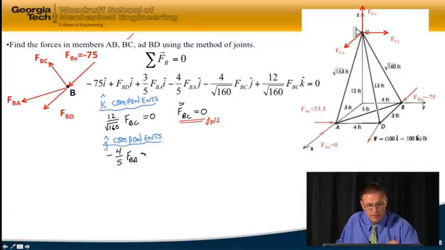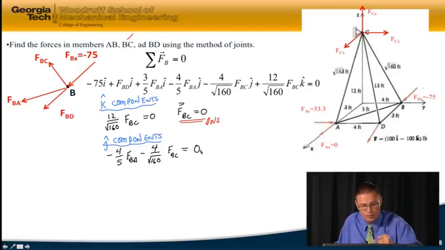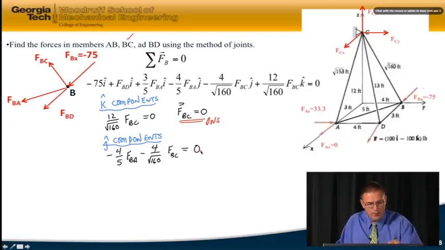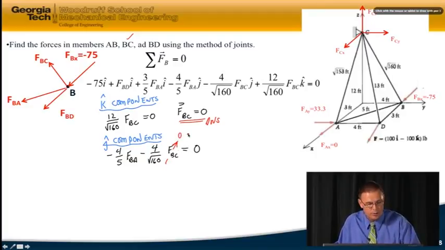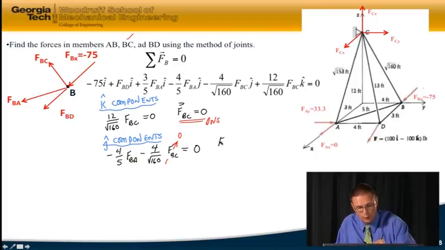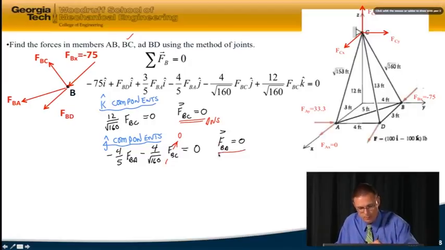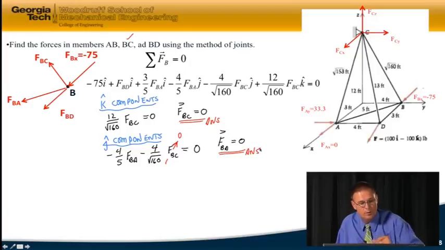And then I've got minus 4 over the square root of 160 FBC equals 0. But I just found that FBC was equal to 0, so what that leads me to is the conclusion that FBA also has to be equal to 0. And so I've got my second force in member FBA, or member AB.